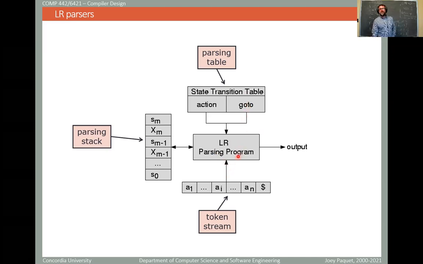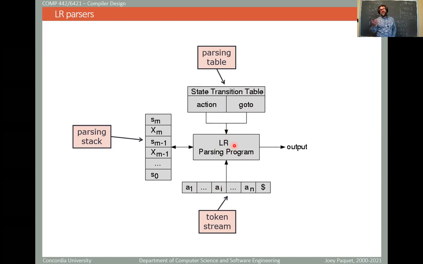So essentially your parsing algorithm sees a certain token in the input, and then it will look up in the table what is the next action to be taken. Either it's going to be a shift or a reduce action, depending on what's happening.